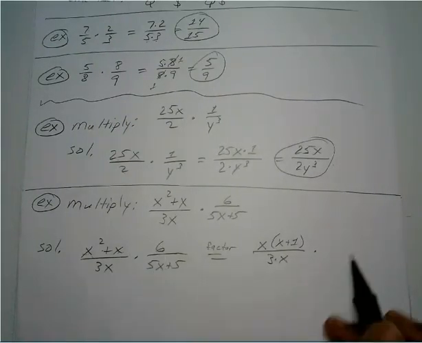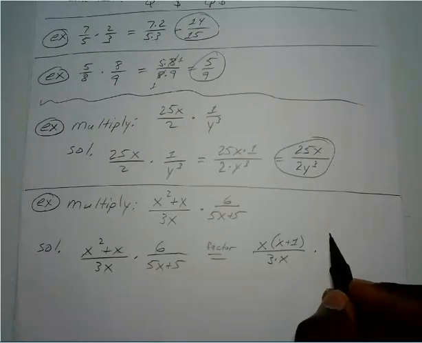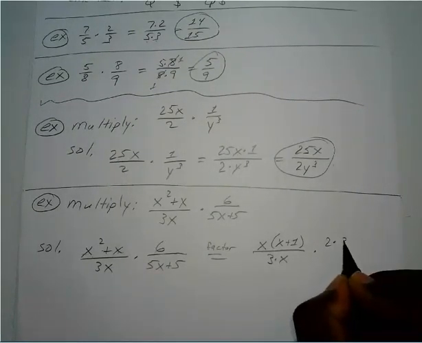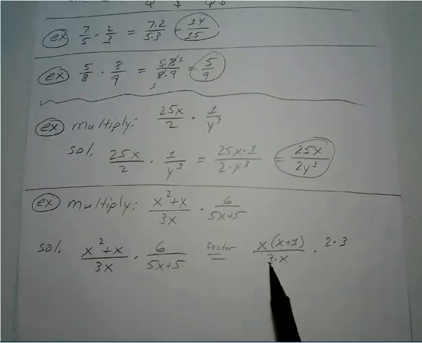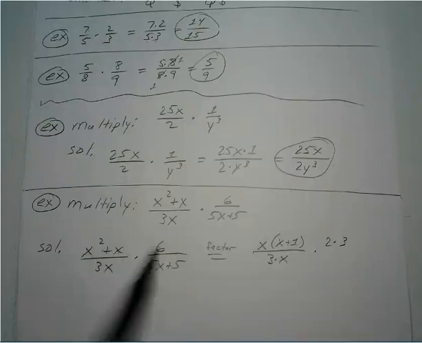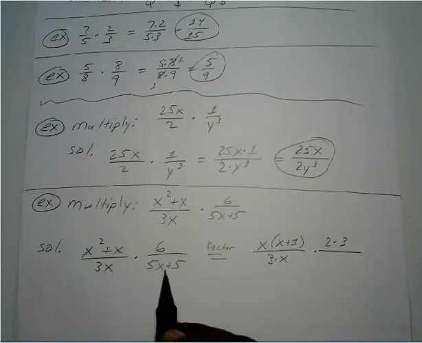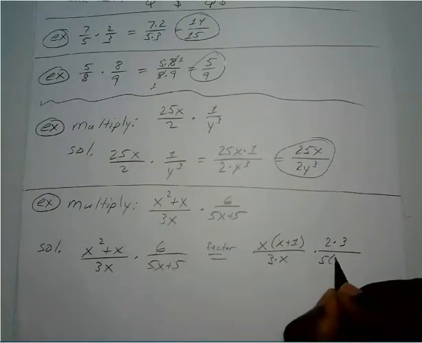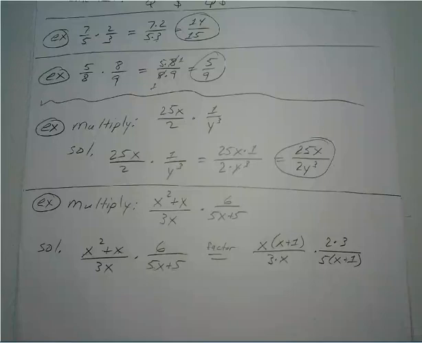6, you can just actually make 6 equals 2 times 3. Okay, and the reason I did that is because we now see we'll have a 3 here that we can cancel out, so we're going to make that 2 times 3 instead of 6. Over here we can factor a 5 out of each term, so we have 5 and x plus 1.